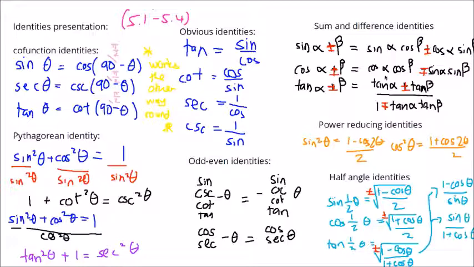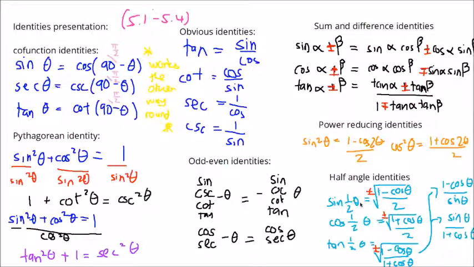But cosine isn't, because cosine is the cofunction, so it has to be the other sign. Tangent is sine over cosine, so it's tangent A, same sign, tangent B, over 1, different sign, tangent A tangent B, because sine is the same sign and cosine isn't.